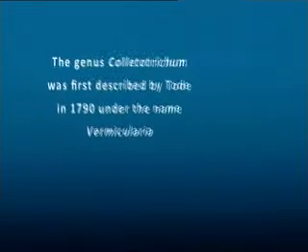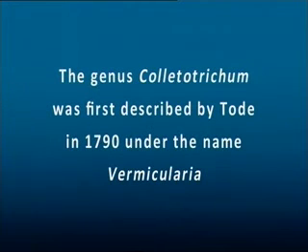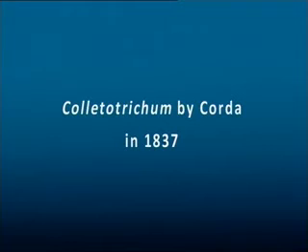Colletotrichum is a genus of deuteromatous fungi belonging to class Coelomycetes. The genus Colletotrichum was first described by Todd in 1790 under the name Vermicularia, but was later established as Colletotrichum by Corda in 1837.